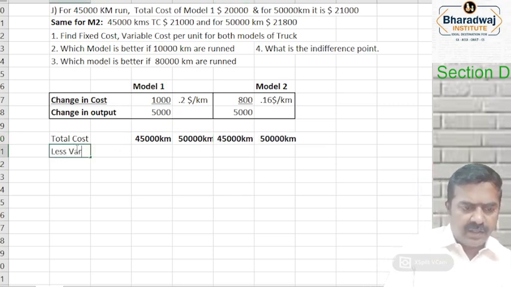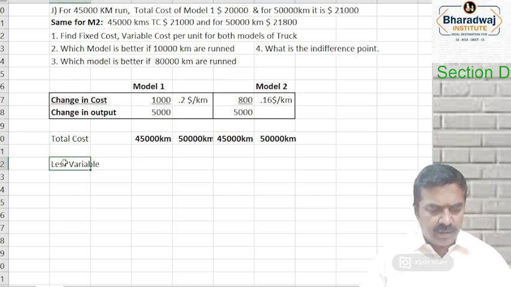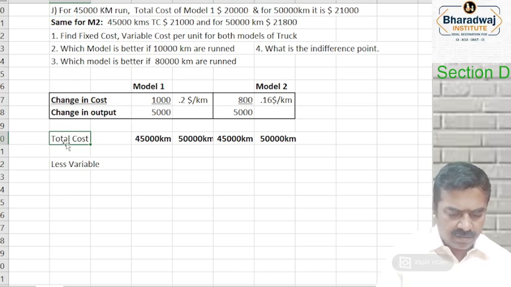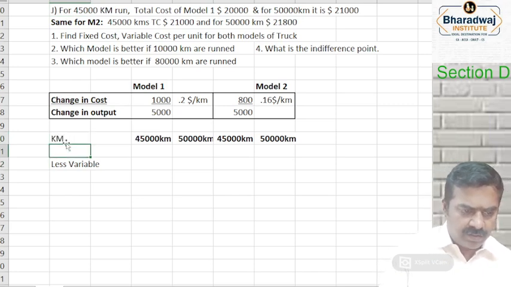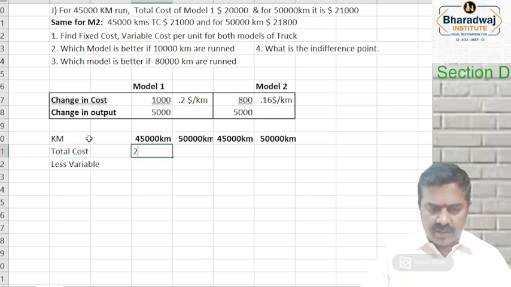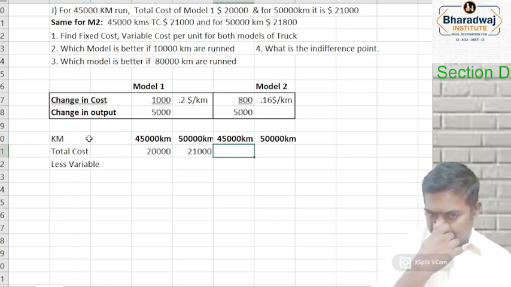Less variable cost. How to work out variable cost? Just multiply 45,000 kilometers, okay, total cost. Total cost is given as 20,000, 21,000.